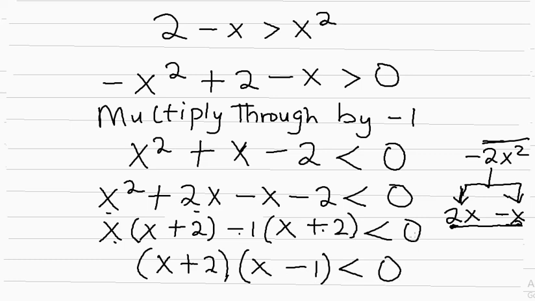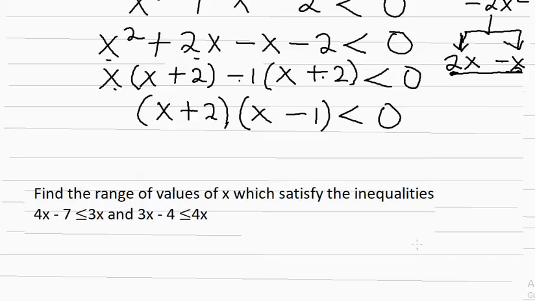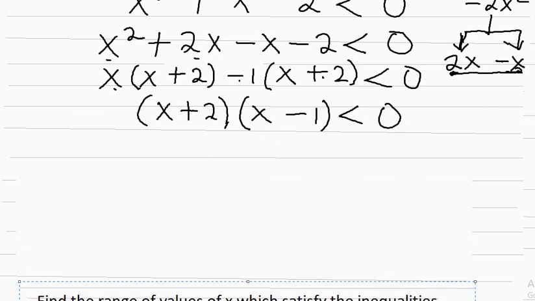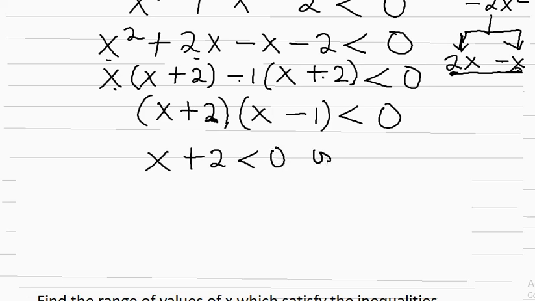Okay, so with what we have here now, we can actually employ the principle of quadratic expression. So you can answer, I would say x plus 2 is less than 0, or I would say x minus 1 is less than 0.